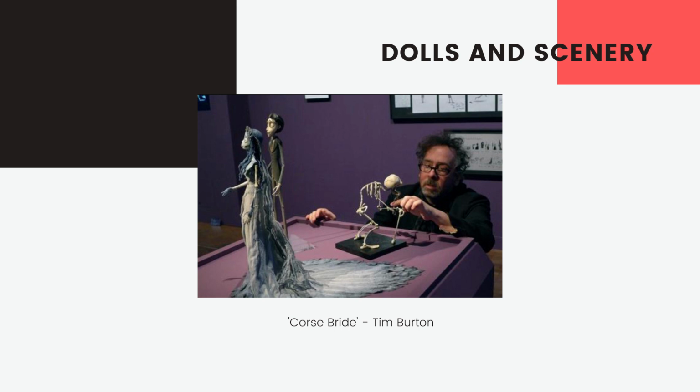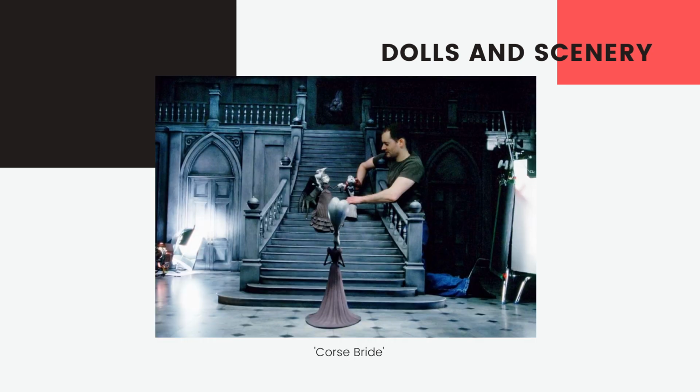Corpse Bride is not computer graphics. It's stop motion. What does it mean? They are dolls. They are physical. They weren't made in the computer. Of course, the computer is always used to make it better, in color correction, something like this. But it's dolls and scenery. It's not computer graphics. And the result is pretty good too.